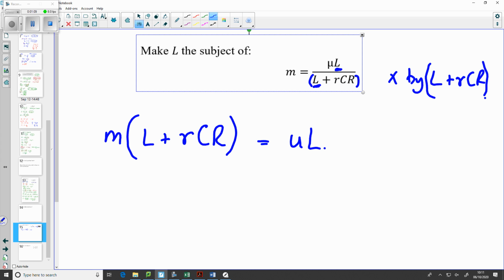Now if we're going to draw these two together, that and that, we're going to have to get that L outside the brackets. Can't do anything with it while it's inside the brackets in this case. So the next thing to do is multiply out the brackets.